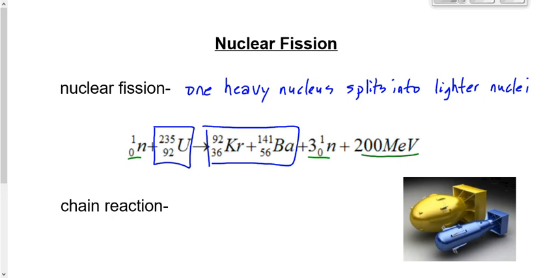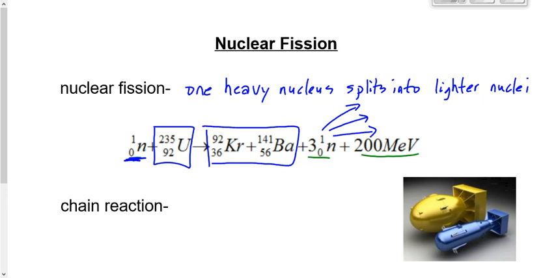So here's what we do instead. We take advantage of the fact that there are 3 neutrons produced on the right-hand side, or 2 neutrons, or 4 neutrons. Different fission reactions are different, right? But in this case, we take advantage of the fact that there are 3 neutrons produced. If we build this properly, those 3 neutrons can fuse together with more uranium to split more uranium nuclei.